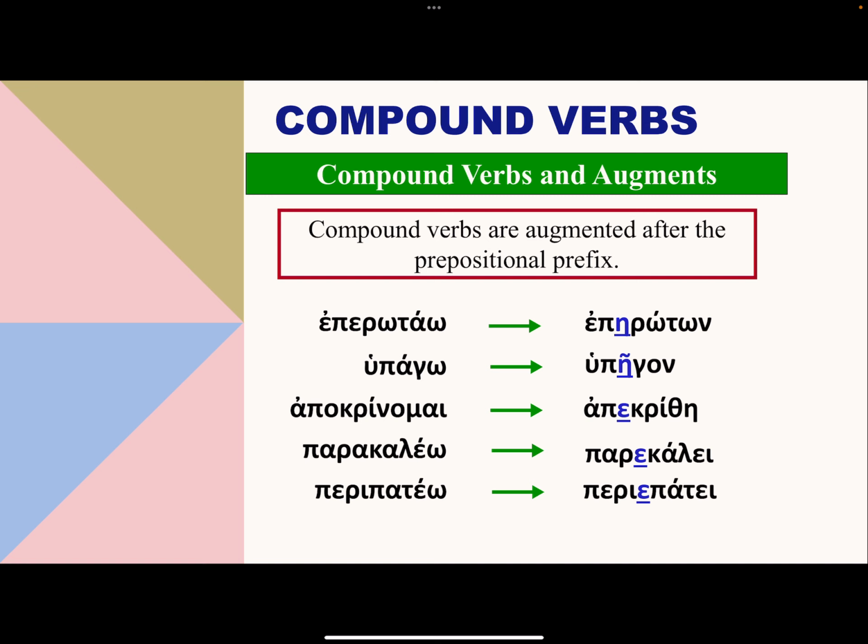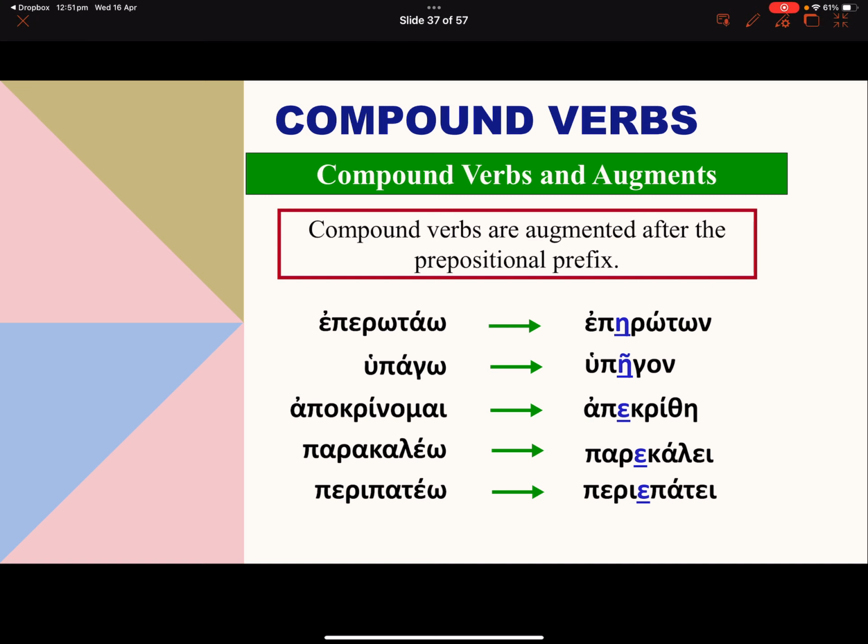When hupago goes into an aorist or an imperfect, which is what we normally see, we have an augment at the front of the word. An augment, you might remember, is when you add something like an epsilon at the front of a word.